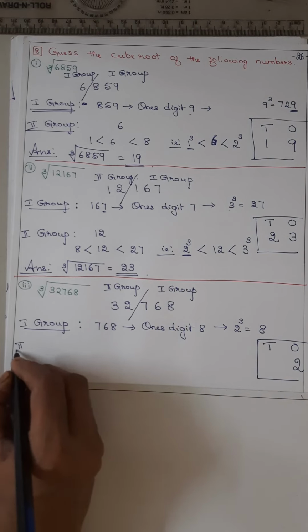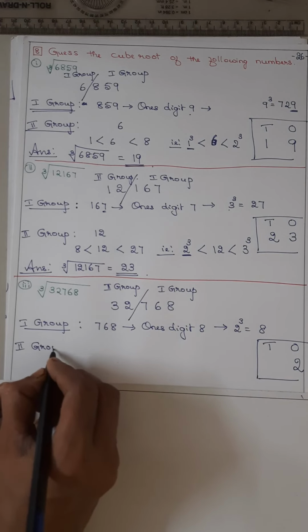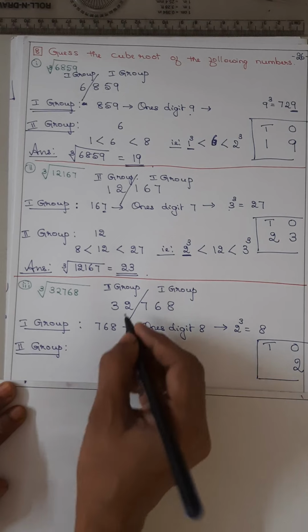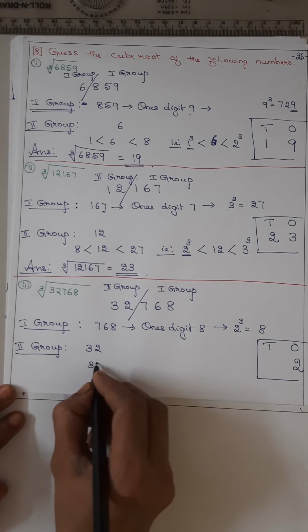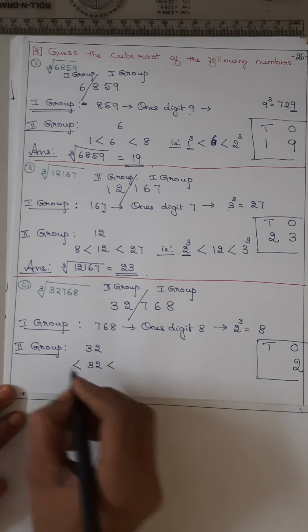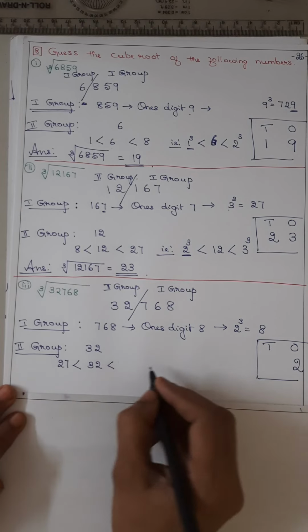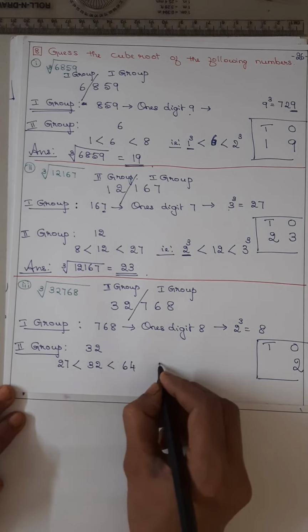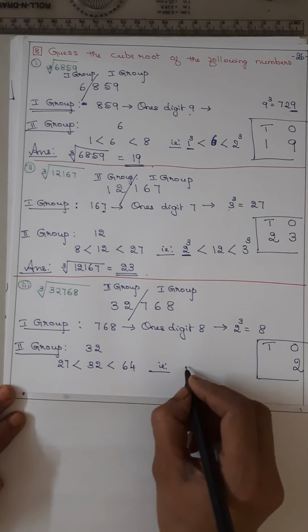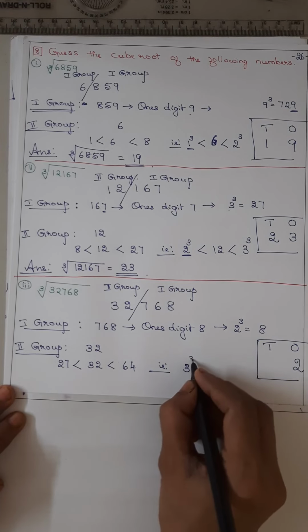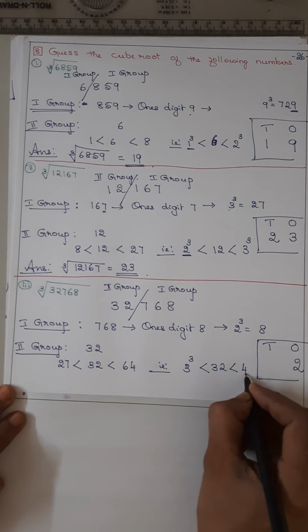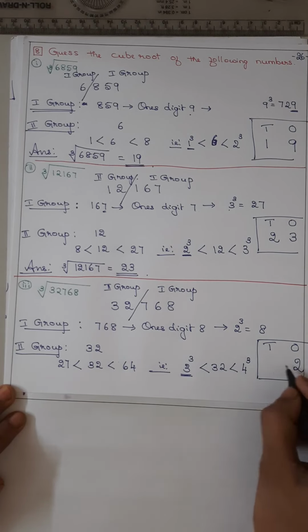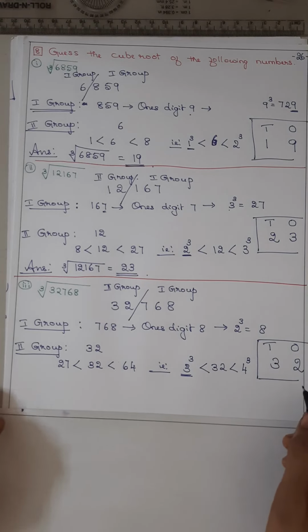नाउ सेकेंड ग्रुप 32. Now 32 is between which two cubes? 27 and 64. Now 27 किसका है? 3 क्यूब और 64 4 क्यूब. अभी छोटा वाला नंबर टेंस में डालो.